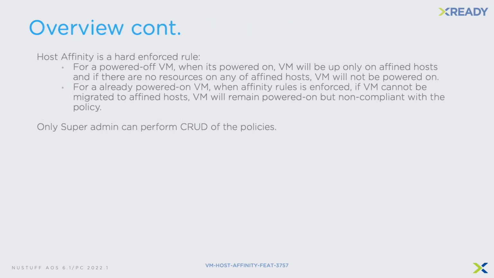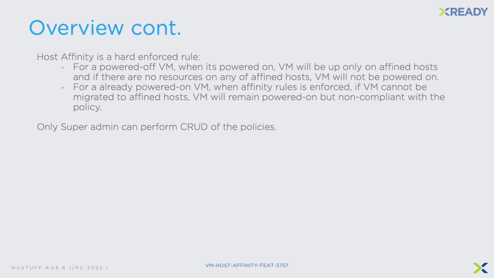These host affinity policies are hard type enforcement. So for a powered off VM, when you choose to power it on, if it's not able to be migrated to one of the defined hosts, or there's not enough resources on any of those hosts for it to be powered on, then the VM will not be powered on.